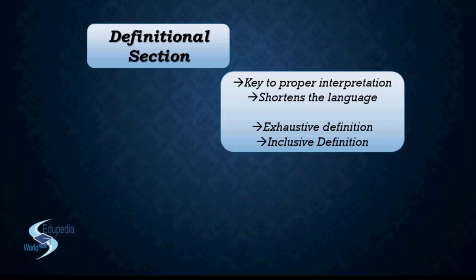Right, the second thing we saw is that it shortens the language. And as I have always been telling you, why do you need to mug up the definitions? Why is it necessary for you to remember the definitions? Just because it helps you. In the examination, it fetches you good marks, right? It creates a good impression on the checker, and it helps you to write in précis.